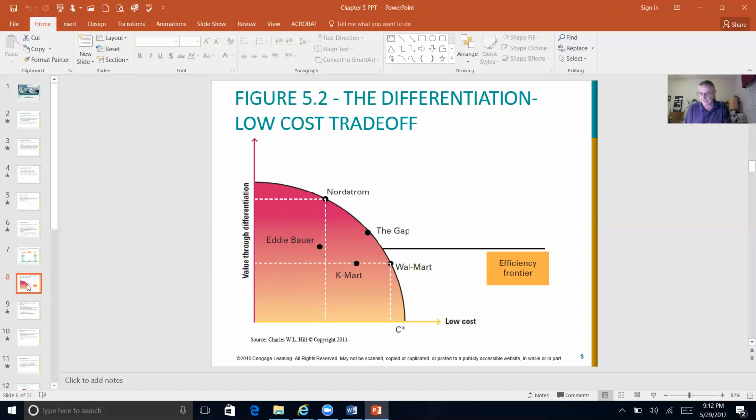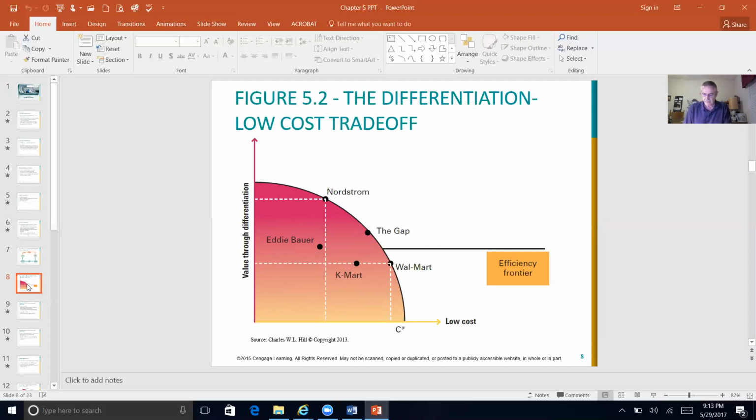It could be they're buying lower cost materials, but they may have cheaper labor. They may be using innovation technologies to lower their operating and their manufacturing costs. Could be economies of scale. Could be a whole host of things. But what they're trying to do is be more productive to lower cost.